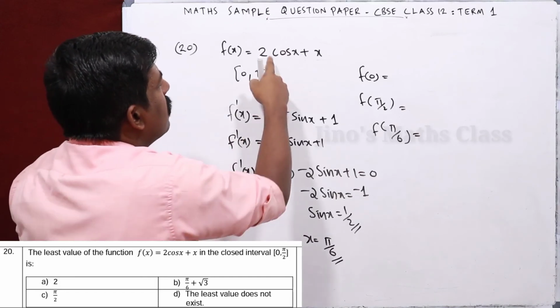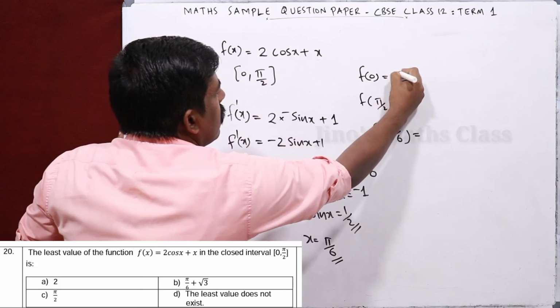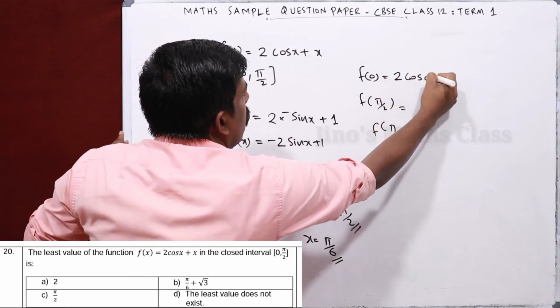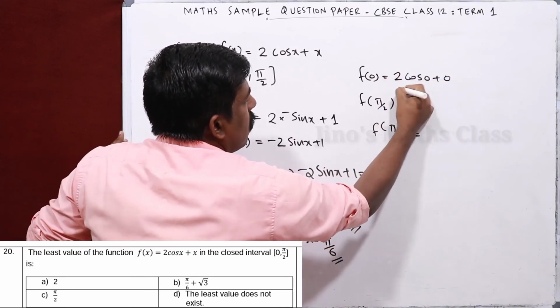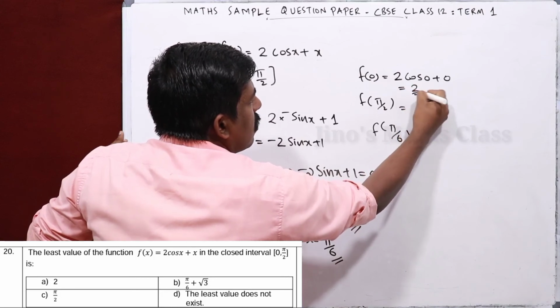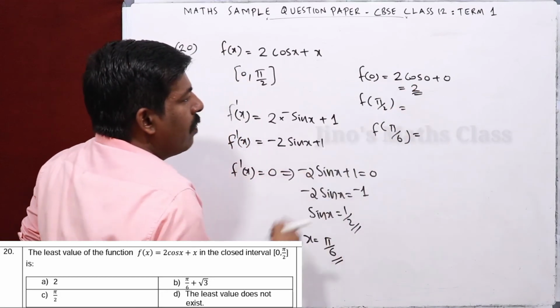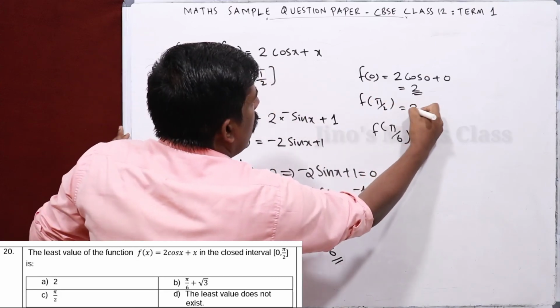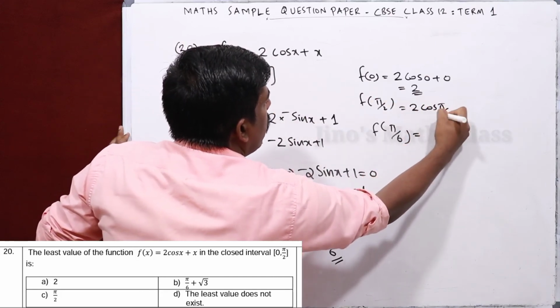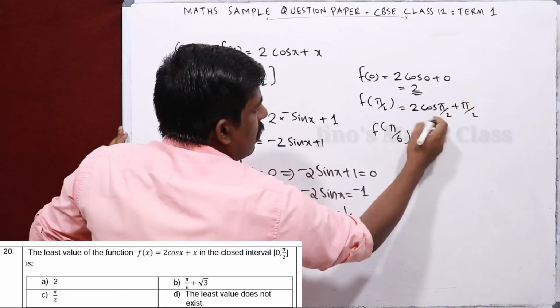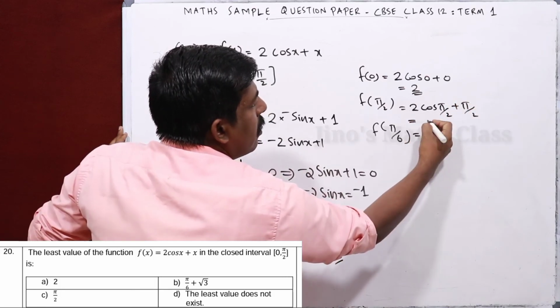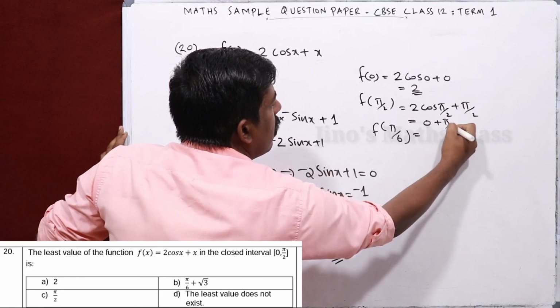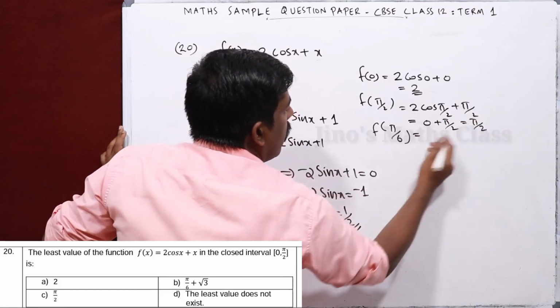So f of 0 means here we can substitute, that means it is 2 cos 0 plus 0. What is cos 0, that is 1, so here it is 2 plus 0, we are getting 2. What is f of pi by 2, here we can substitute, that means 2 cos pi by 2 plus pi by 2. Anyway cos pi by 2 is 0, so it is 0 plus pi by 2, we are getting pi by 2.